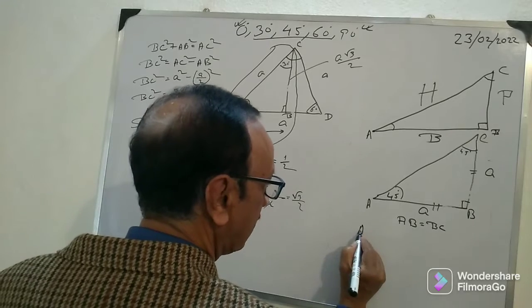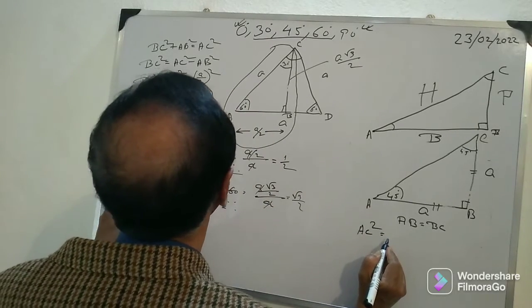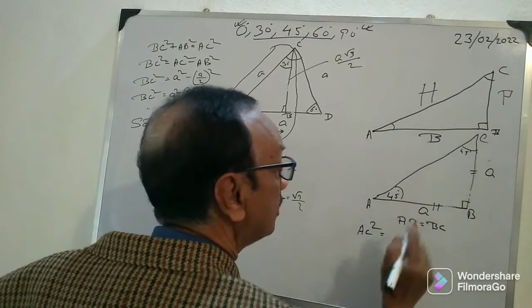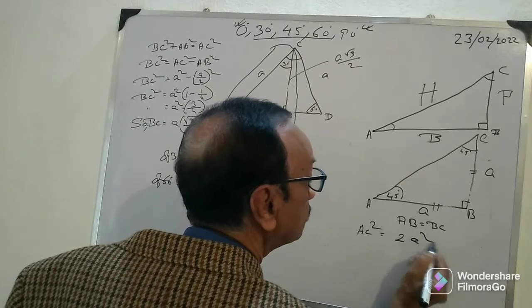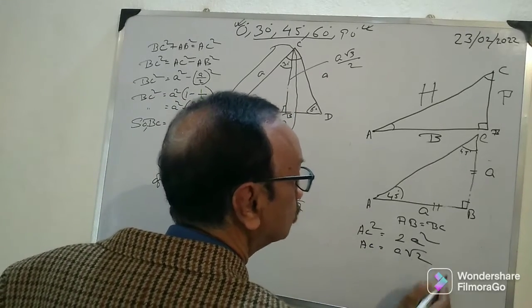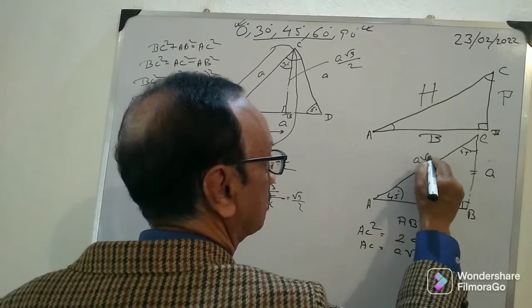Using the Pythagoras theorem for the hypotenuse, AC square is this square plus this square, which is equal to 2A square. So the AC value will be A root 2. That means you have got this value.